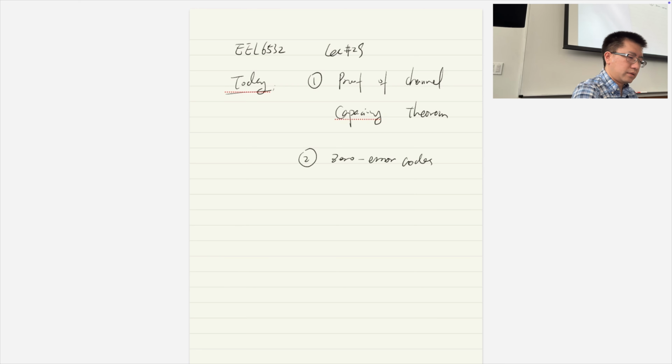Let's continue. Our goal now is to compute the union bound.